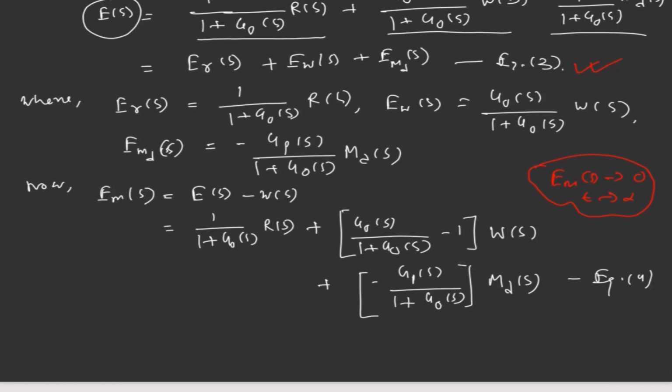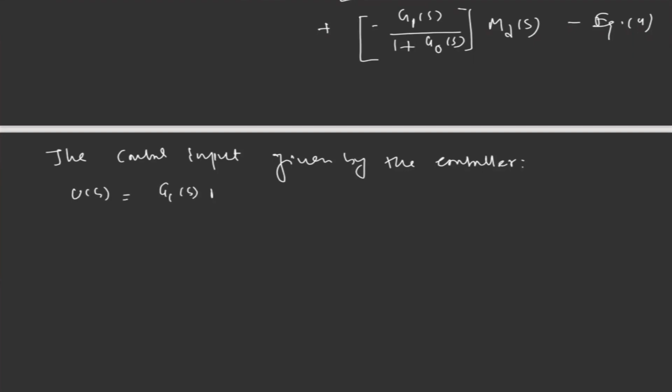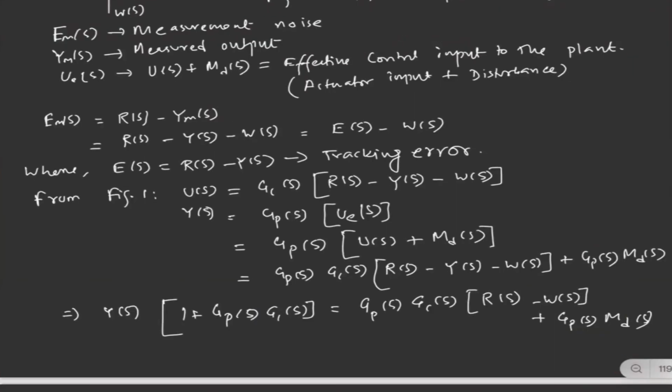We can write the control input given by the controller. We can write U(S) equal to GC of S times E(M)(S). This you can find from the block diagram.